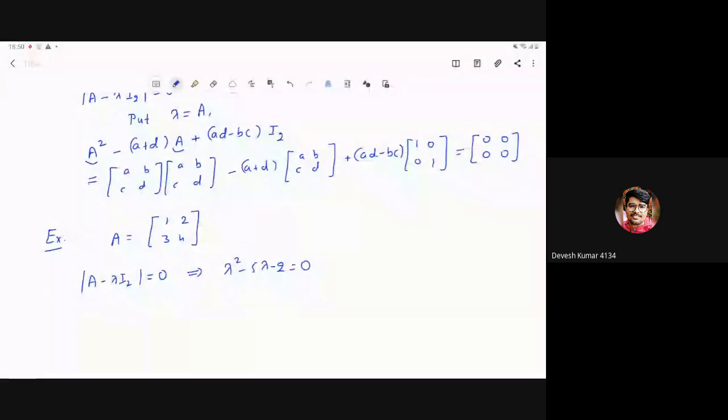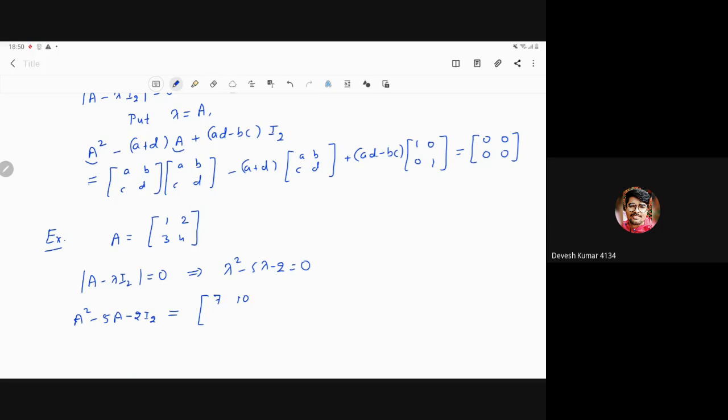Now verifying the Cayley-Hamilton theorem means solve A square minus 5A minus 2I2. Means in the left hand side of the characteristic equation, put lambda equal to A, and with this constant multiply I2 and simplify it. Okay, I'm writing the final step.